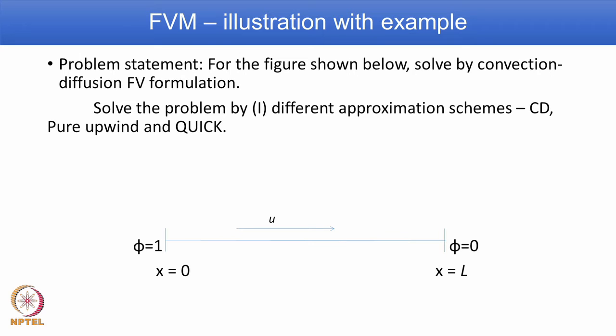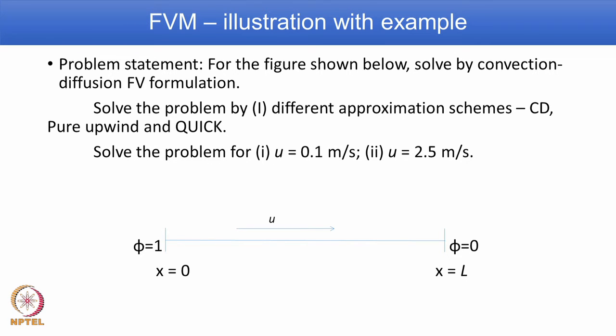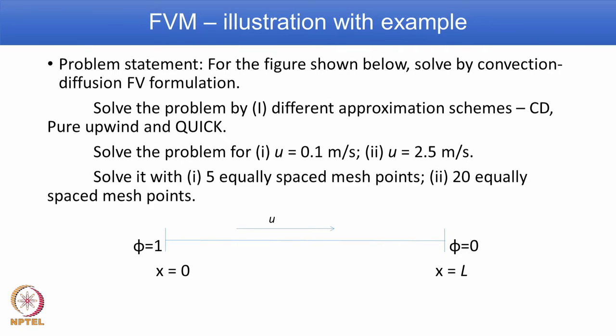We mentioned, just to consider the performance of different schemes as well as to understand the influence of mesh and velocity condition, solve the problem by different approximation schemes: CD, pure upwind, QUICK. Solve the problem for a very low velocity u equal to 0.1 meters per second and a high velocity of 2.5 meters per second. So, the difference in velocity will decide the weightage of the convection term in the case of pure upwinding or the hybrid scheme.